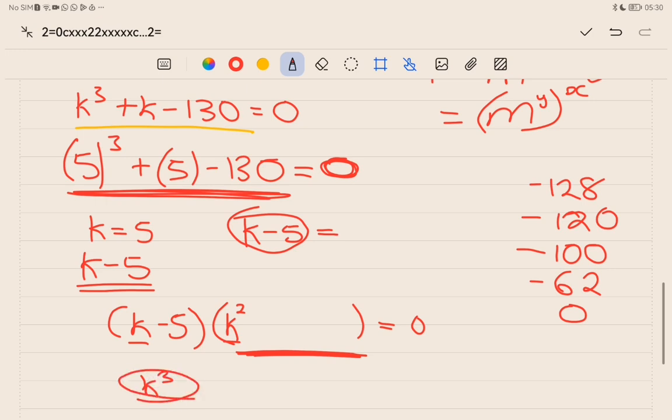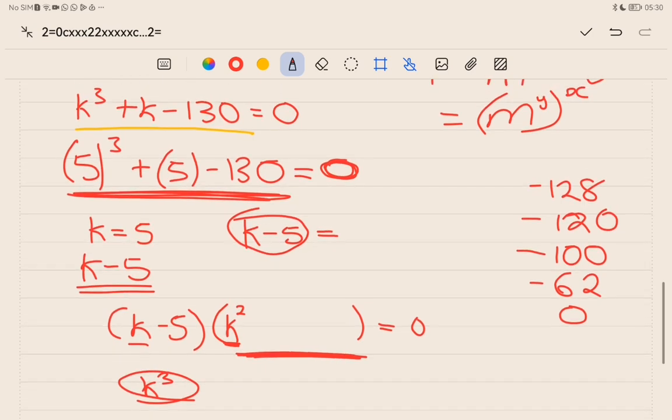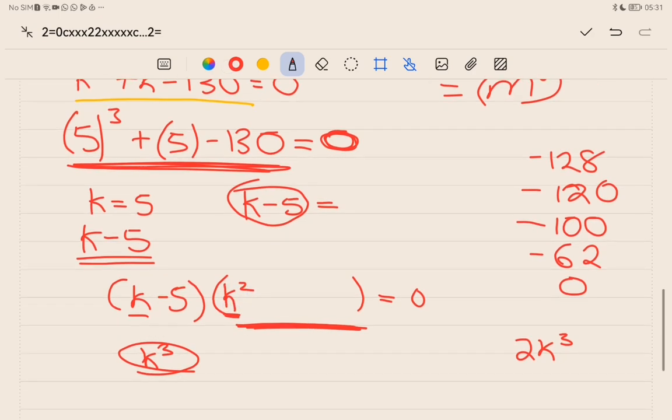But if the coefficient of k cubed was 2, here we were going to have 2k squared. But since it is 1, we're just going to have an easy k squared. So that's the first step.